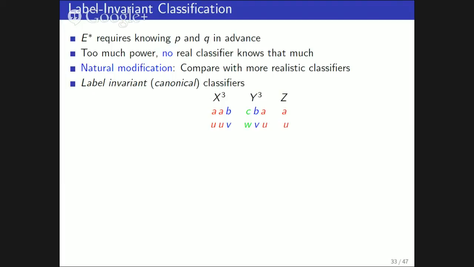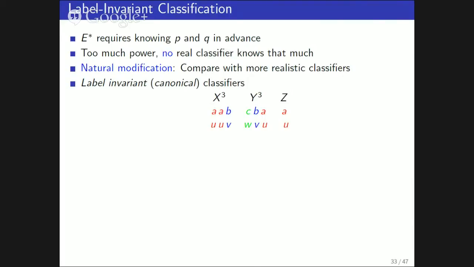I cannot tell you whether you'll classify to x or to y. That depends on what you do, right? Most people will classify to x, but maybe some people won't. I don't know what you'll do, but what I can tell you is that you'll classify U the same way you classify A, because here we took a label relabeling, we changed every A to U, here, here, and here. We changed every B to V here and here, and we changed every C to W. It happened to appear only once.